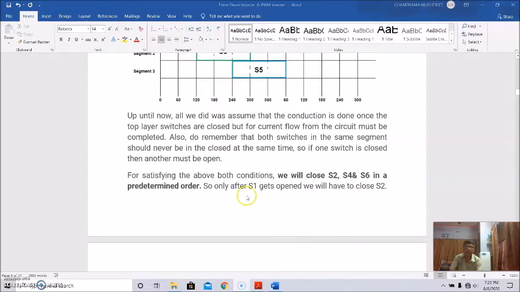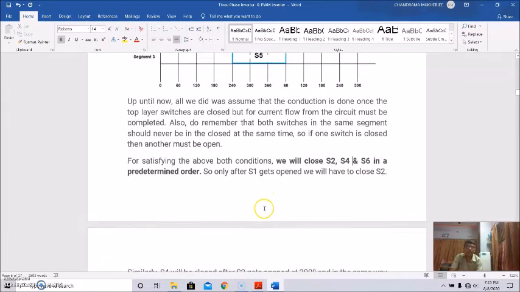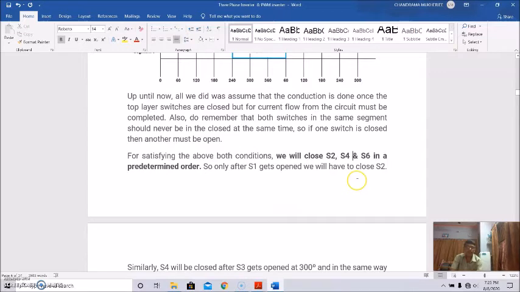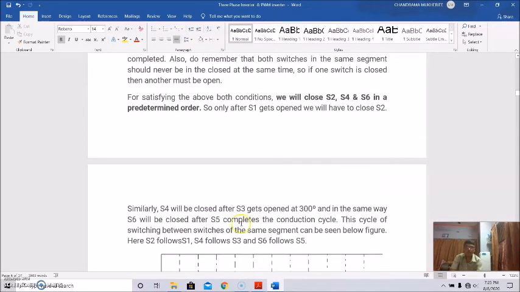To satisfy both conditions, we will close S2, S4, and S6 in a predetermined order. Only after S1 gets opened, we close S2. Similarly, S4 will be closed after S3 gets opened at 300 degree, and in the same way, S6 will be closed after S5 completes the conduction cycle.